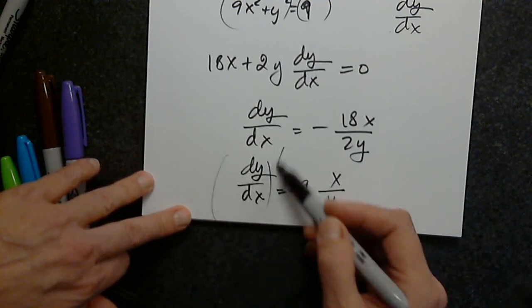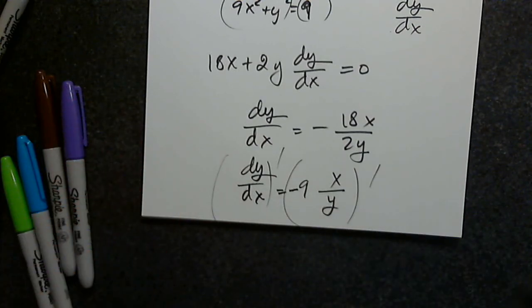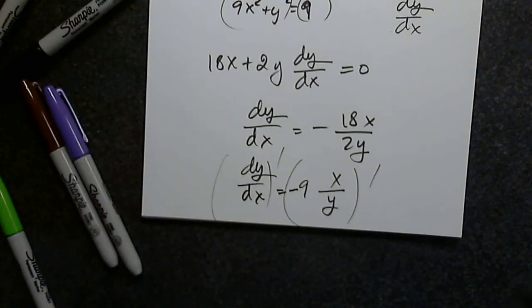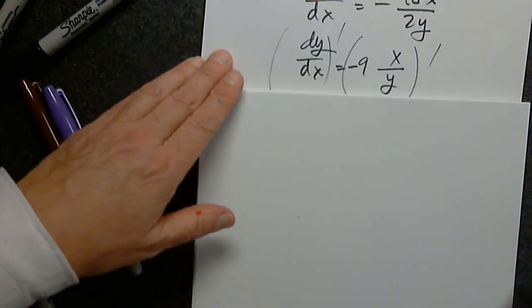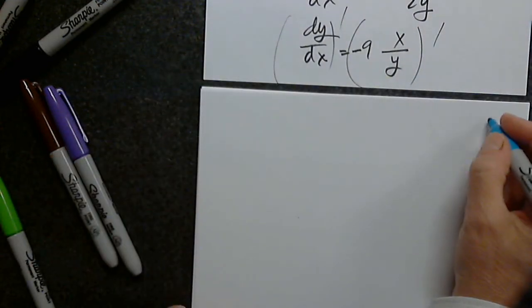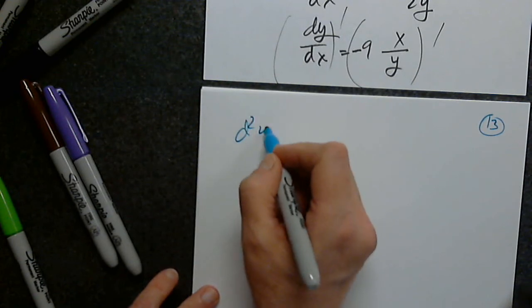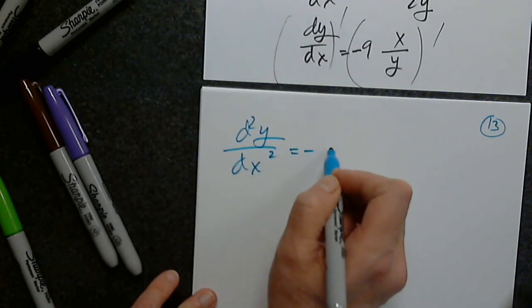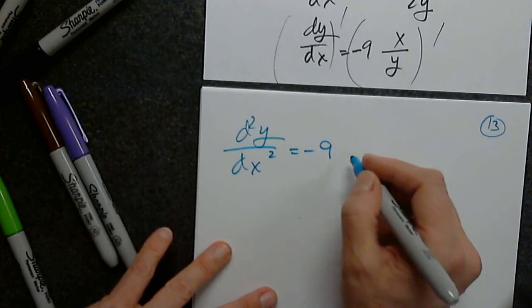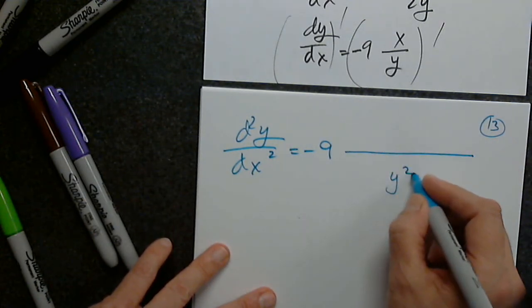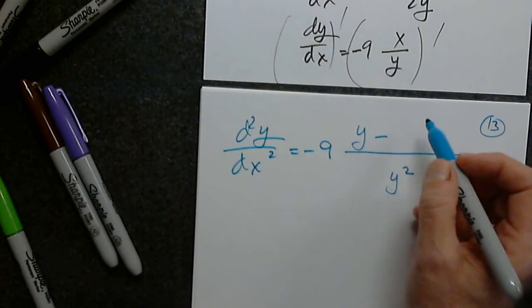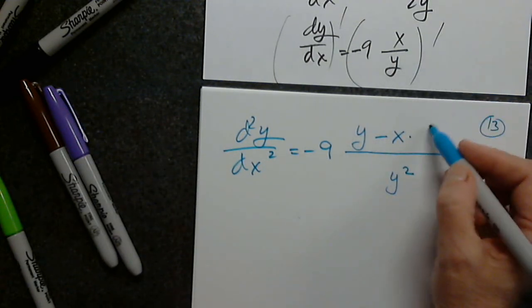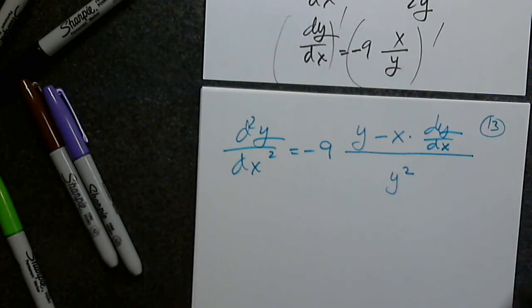And now, in order to find the second derivative, I will differentiate again. The left-hand side is just the second derivative, nothing else. So d2y over dx2, negative 9 is negative 9, but now I have to be careful. Top prime is 1 times y minus top times the denominator prime, which is dy over dx.